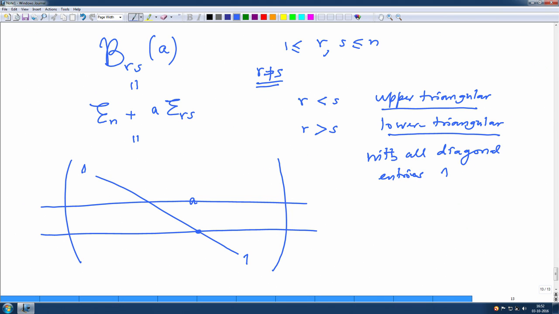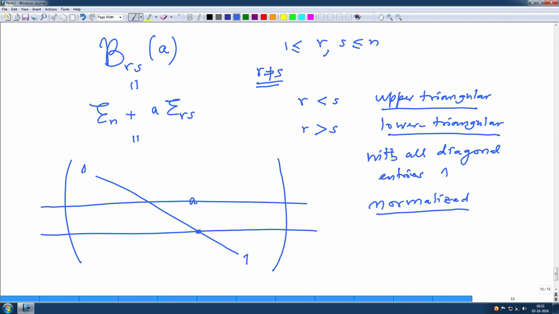Such triangular matrices are also called normalized. Normalized triangular matrix means either it is upper triangular or lower triangular, and all diagonal entries of that matrix are 1.